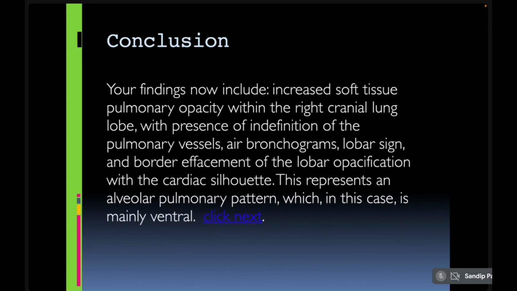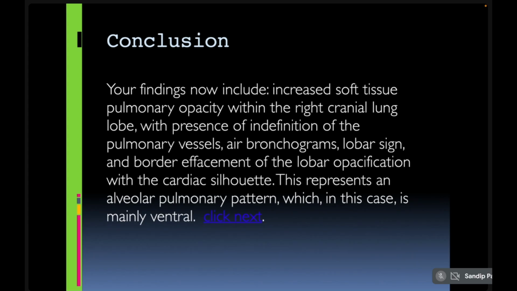So it is ventral. That means the first thing, the aspirate gets collected in the cranioventral lung lobe. Once it is aspirated, the collection starts first in the cranioventral lung lobe. So that's why we can put aspiration pneumonia at the top of the differential.